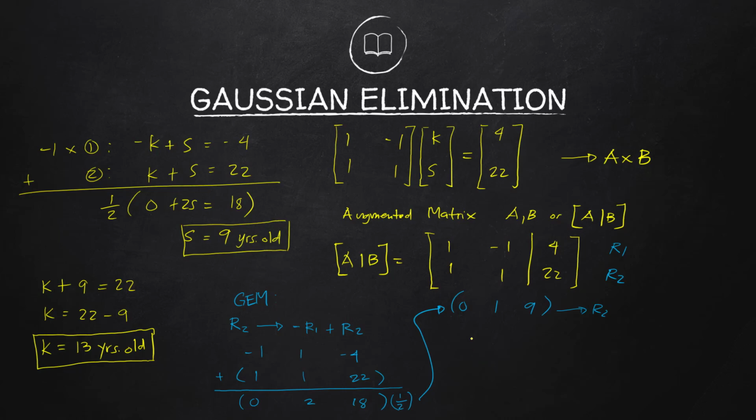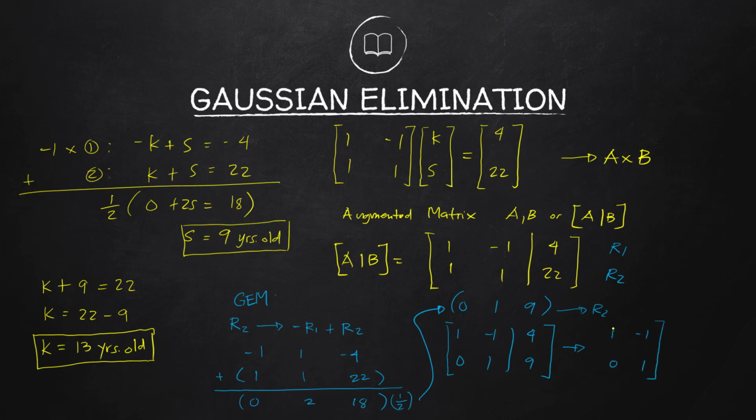So let's input that in our augmented matrix. We have our augmented matrix 1, -1, 4, 0, 1, and 9. Okay? So from here, we can write it in its matrix equation: 1, -1, 0, 1.